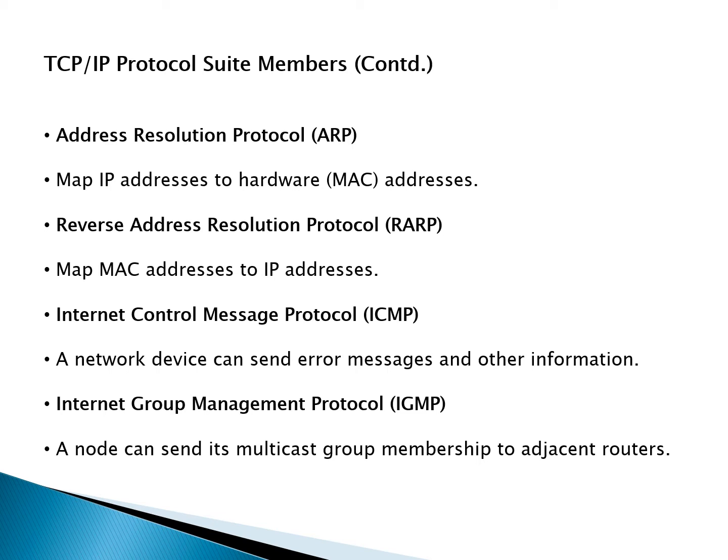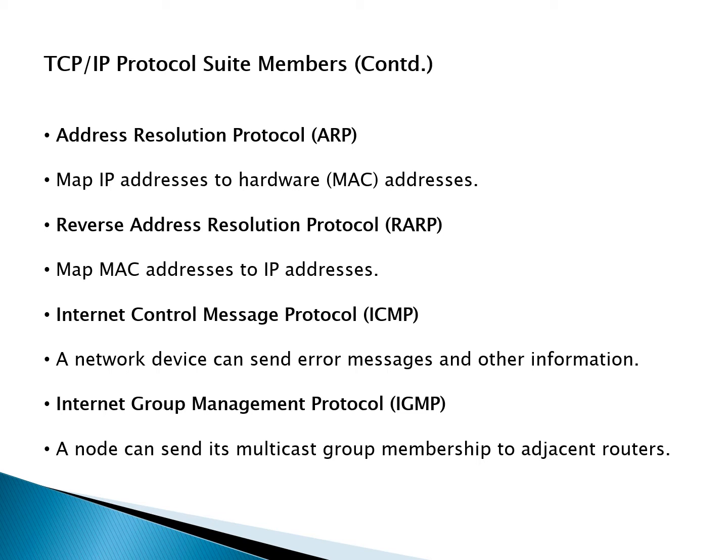And as already said, the MAC address is the physical address, also called the hardware address of the device, which is mentioned on the NIC card. Next is RARP, Reverse Address Resolution Protocol, which converts MAC addresses to IP addresses. When data is flowing over the network, these two protocols are very helpful.